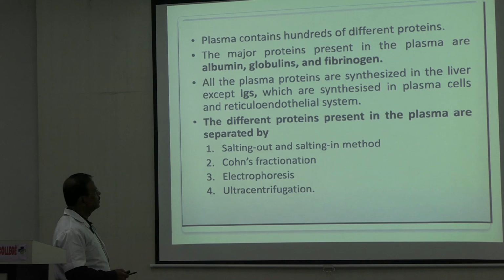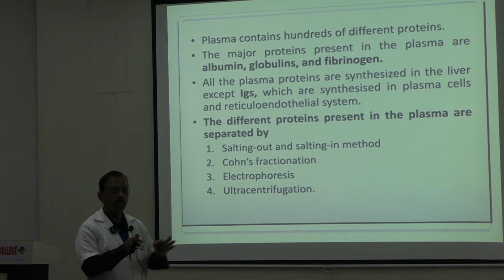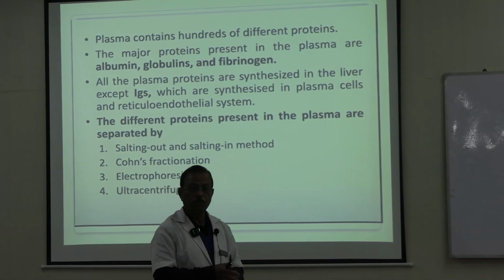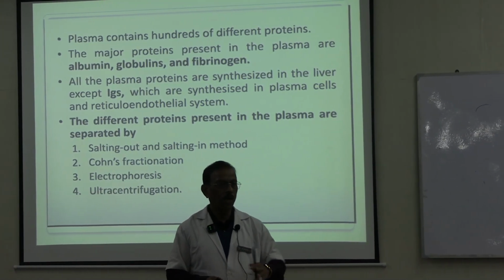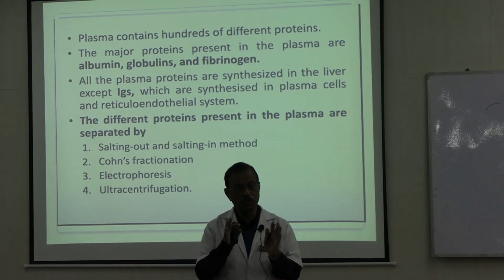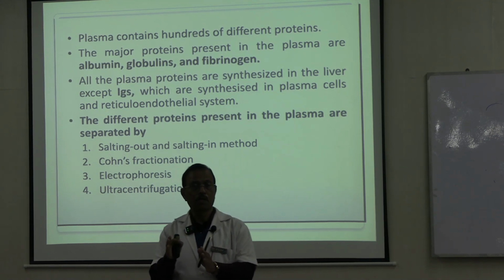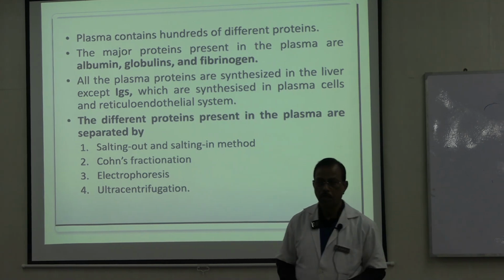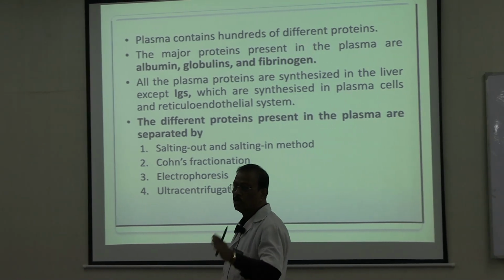The different proteins present in the plasma are separated. Now, whatever technique, whatever test you need, you have to separate that protein part. Multiple proteins are there; one will interfere with the others' test. So, we have to separate the protein part, and there is a technique of separating the protein from the plasma.